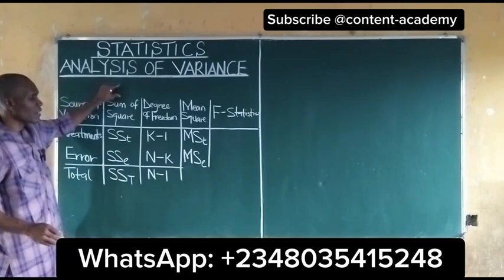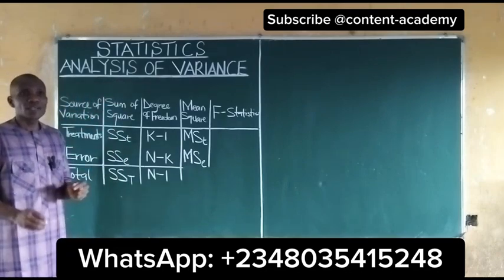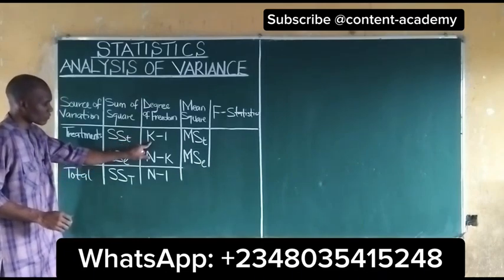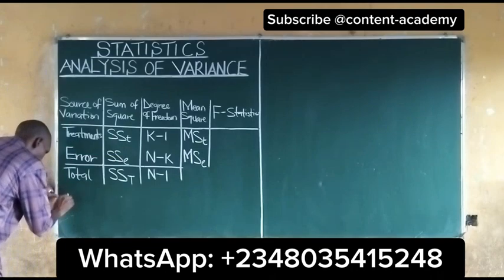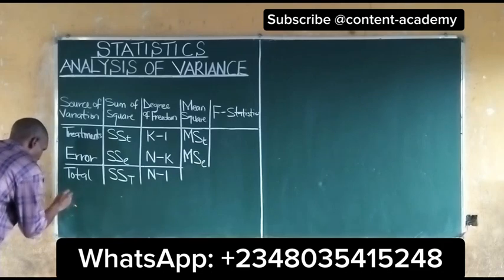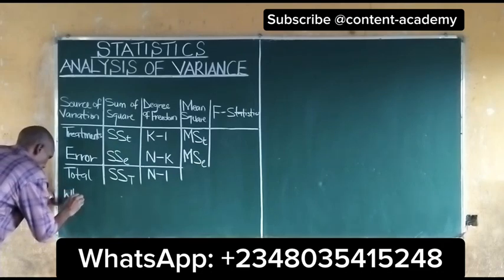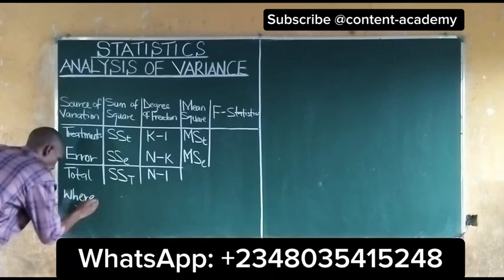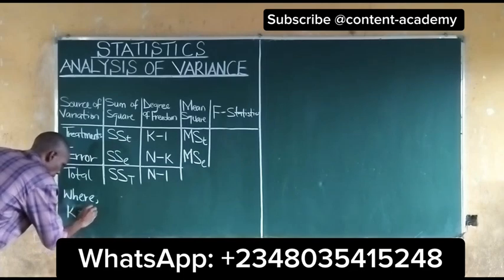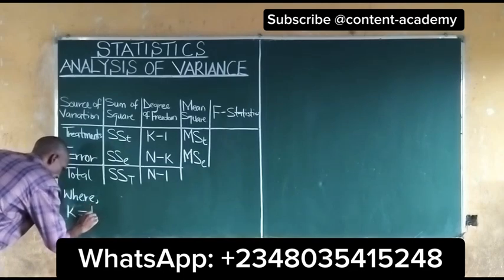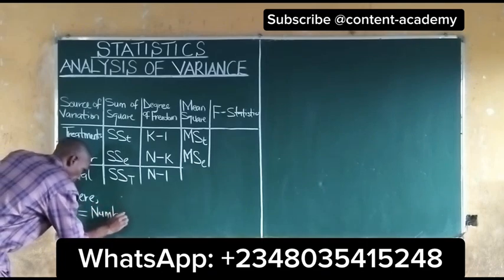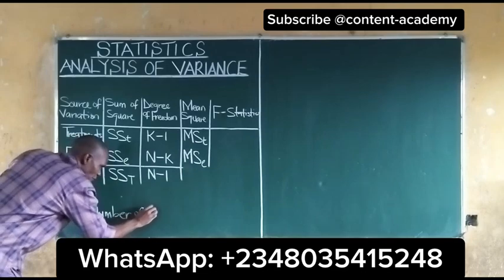This is a typical example of the one-way ANOVA table. Now, first, we'll start with this. What is k? k is the number of groups.